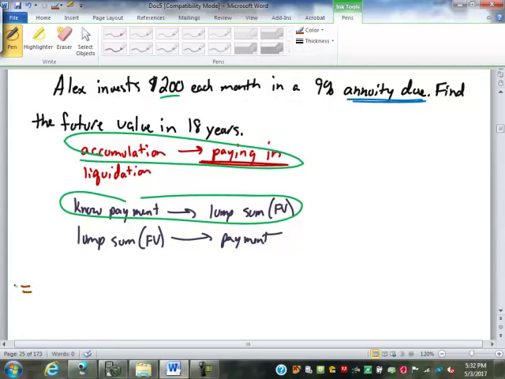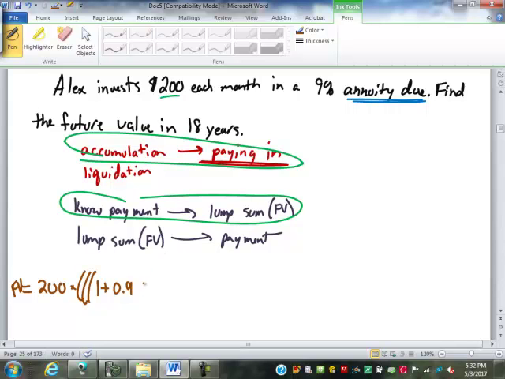So that future value is equal to that $200 a month payment times, remember, at 3, open parentheses, 1 plus, what goes next? 0.09 for a 9%.